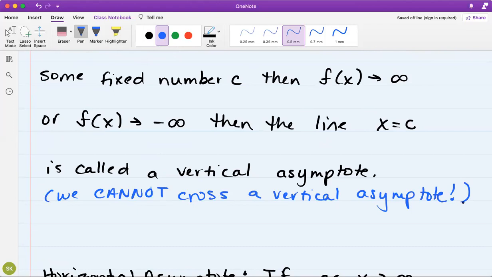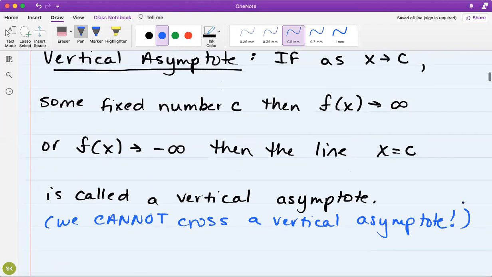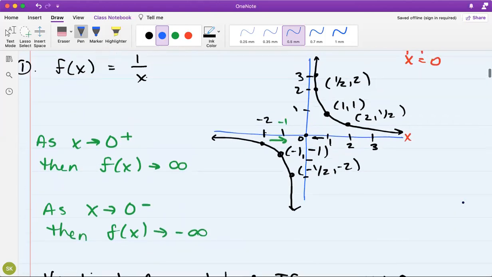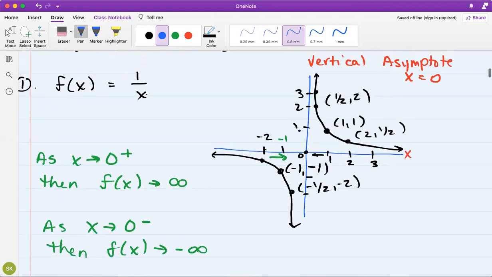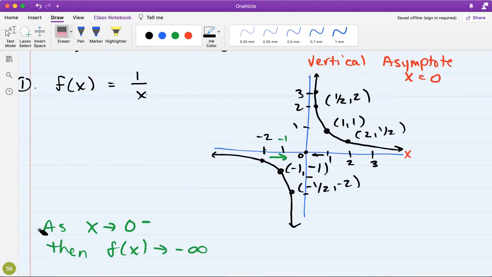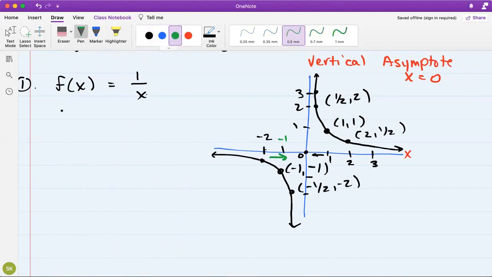A few other things I want to mention about this particular graph is the domain and the range. So let's talk about that real quick. So what is the domain and what is the range of this function? Sorry, this should be range.